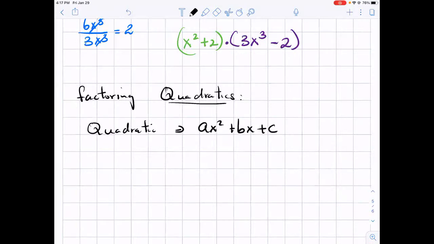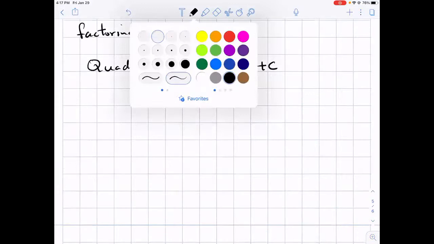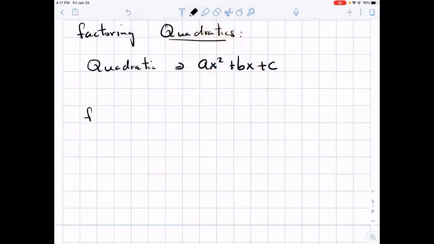So it's a 3-term polynomial where the highest power is 2. So if I ask you to factor x squared plus 2x minus 15.